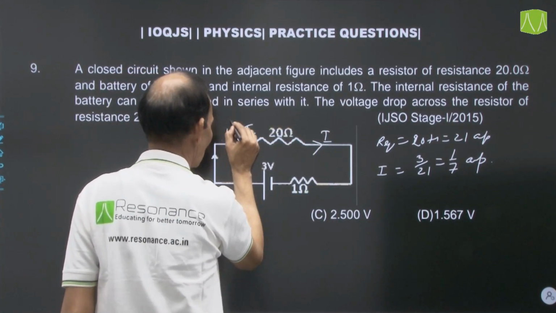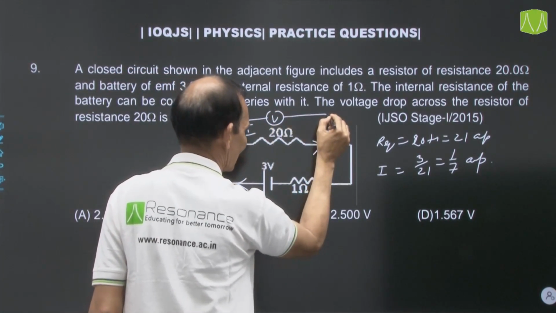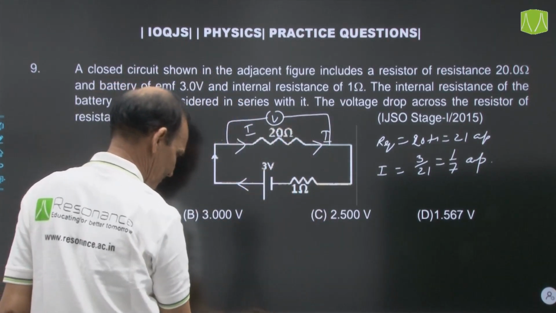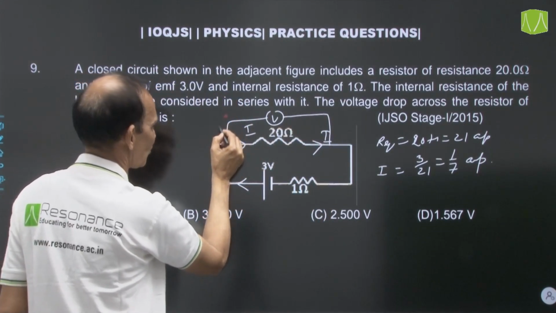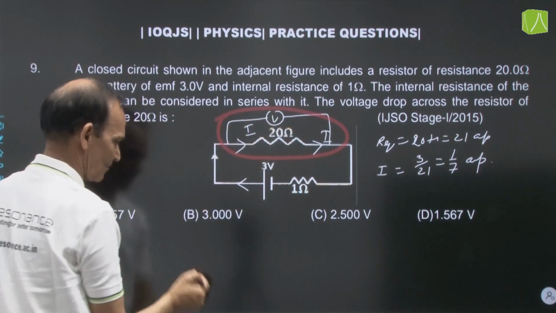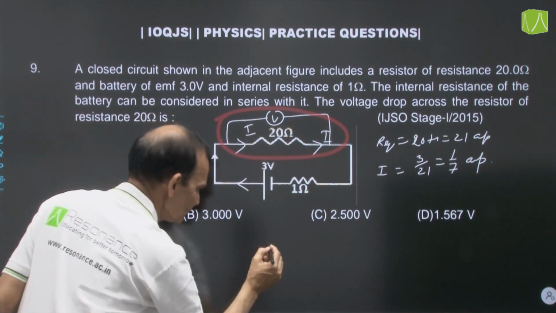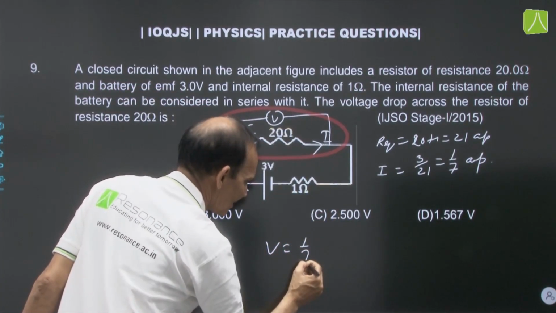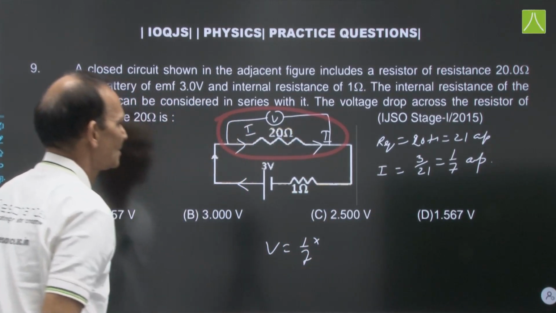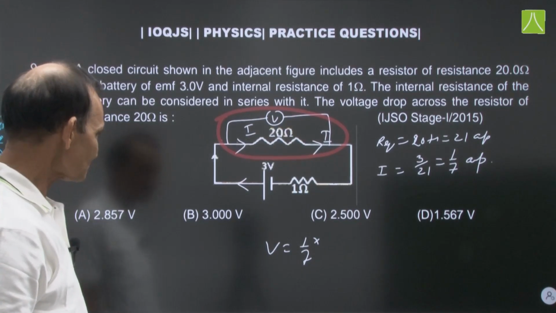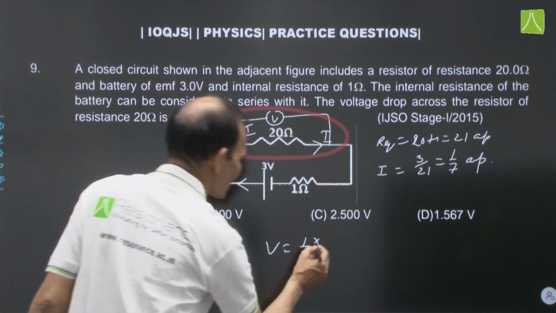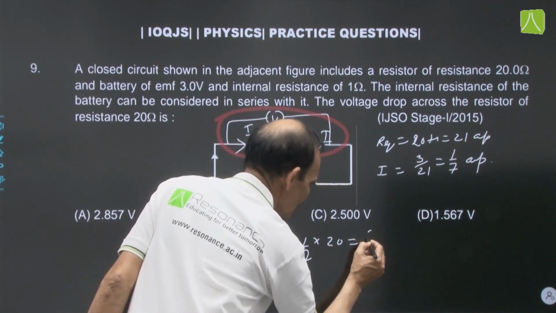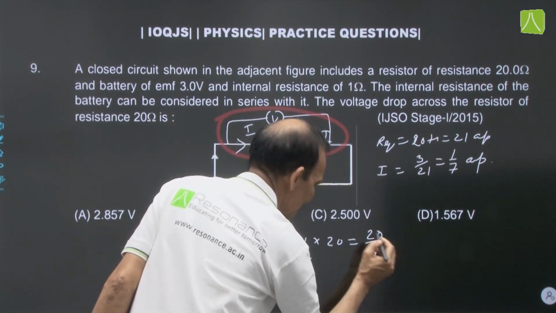If we connect a voltmeter here, what is the reading of the voltmeter? We can apply Ohm's law across this. V is equal to IR, I is 1/7 and R is 20, that is 20/7.